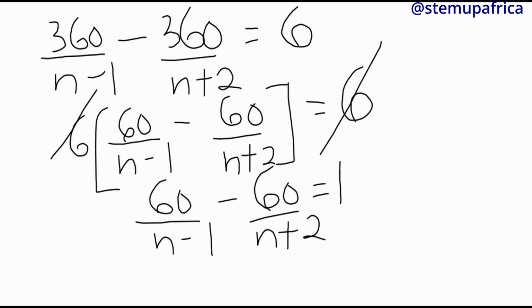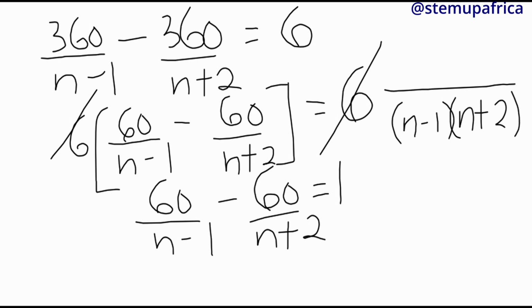So how do we simplify fractions with different denominators? What we do normally is take the LCM. What's the LCM of n-1 and n+2? The LCM will be simply both of them, n-1 and n+2.